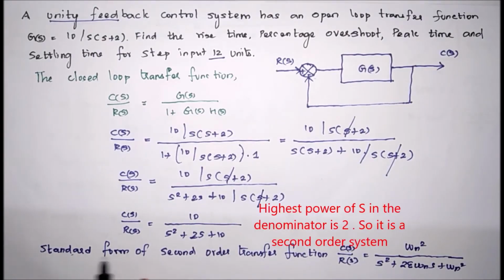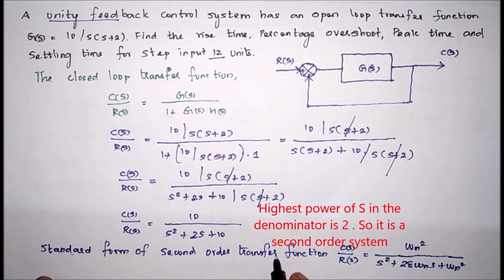This is a second order system. We already know the standard form of the second order closed loop transfer function: C(s) divided by R(s) equal to omega n square divided by s square plus 2 eta omega n s plus omega n square. This is the standard form, so we have to equate this and this.